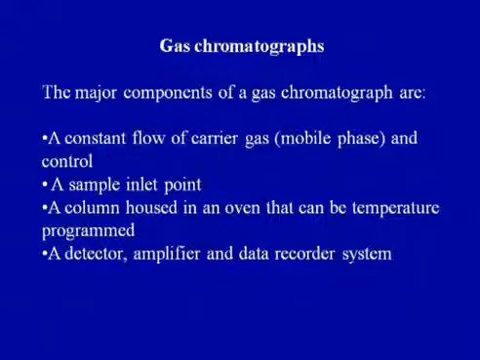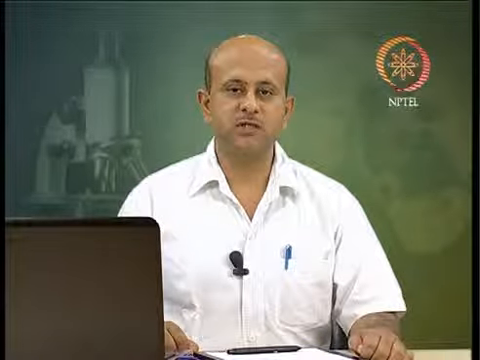So, your column in a gas chromatograph is housed in a temperature controlled oven. And finally, when the analyte comes out of the column, a detector, amplifier and data recorder system needs to be there to analyze the chromatogram of a particular analyte. These are the important components of a gas chromatograph, and we are going to discuss all the different components in detail.